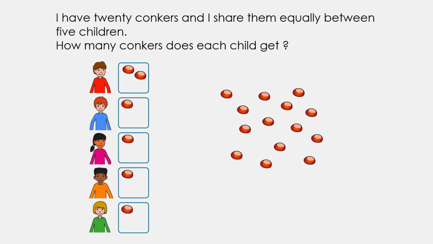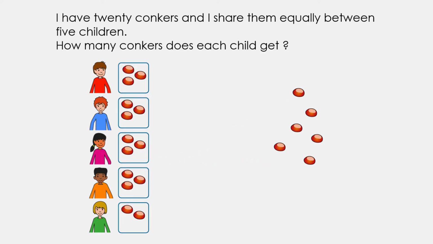Another 1 for you, another 1 for you, and so on. And we keep sharing them out one by one until there aren't any left. And we know that everybody will have the same amount. So this is one way of sharing a whole out equally.